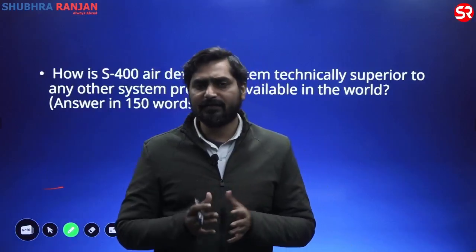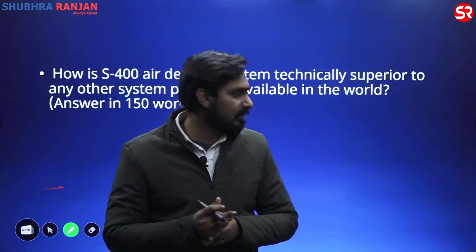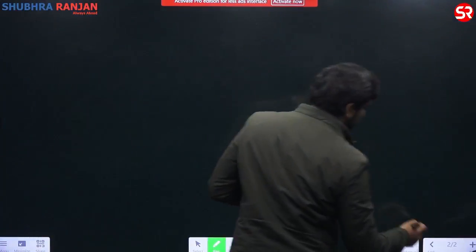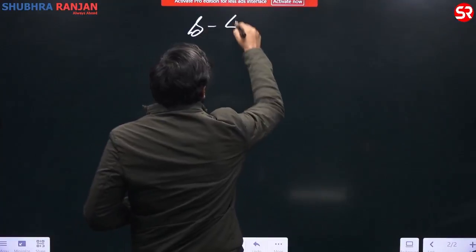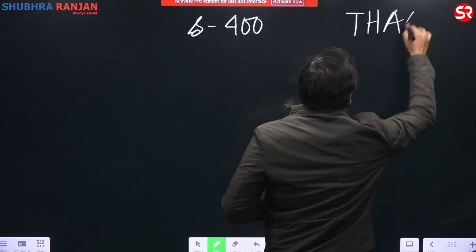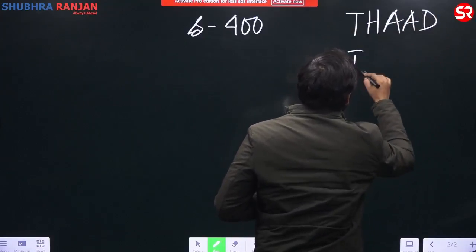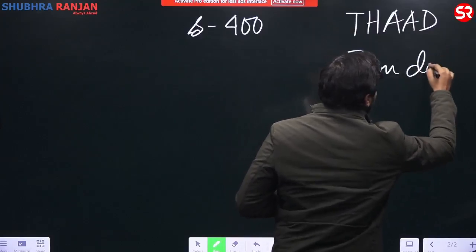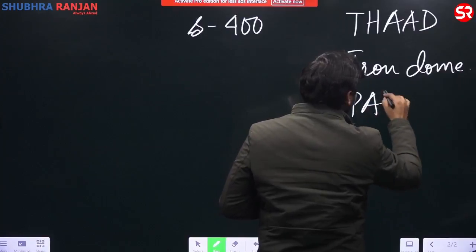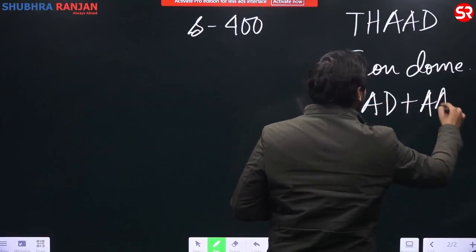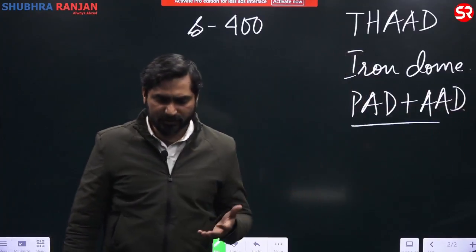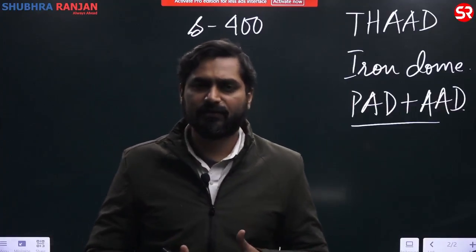Some of the famous air defense systems are the THAAD of the USA and the Iron Dome of Israel. And India has what is known as PAD, and a combination of PAD as an air defense system. So this question is trying to ask you about some technical features of the S-400.